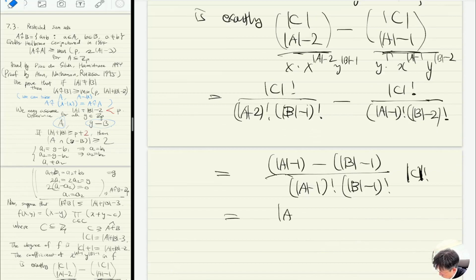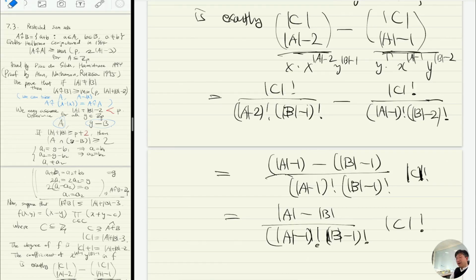So that's a minus b divided by a minus 1 factorial, b minus 1 factorial, c factorial. All right.